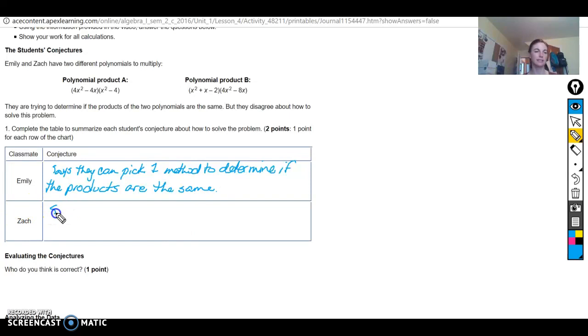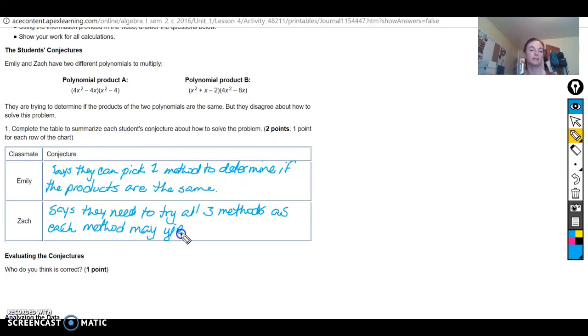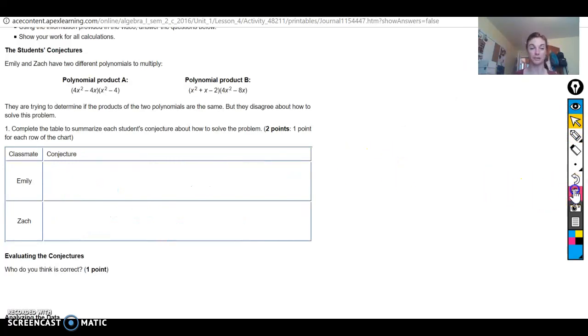And Zach says they need to try all 3 methods as each method may yield different results. Okay, so moving on, what do you think?